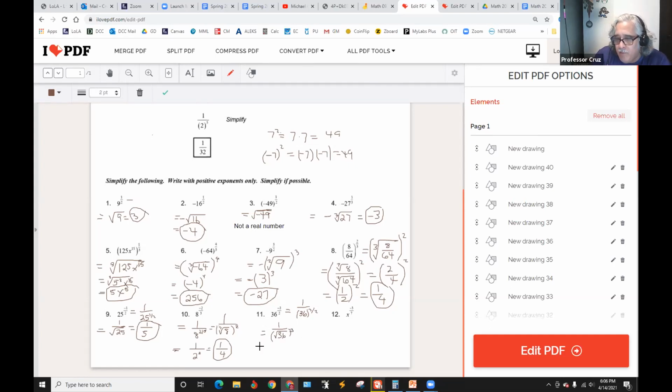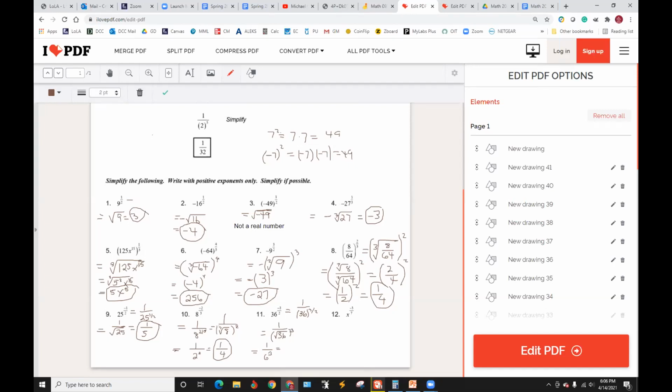So 1 over square root of 36 is 6. And cubed, I think that's 216, right? Yeah, 216.